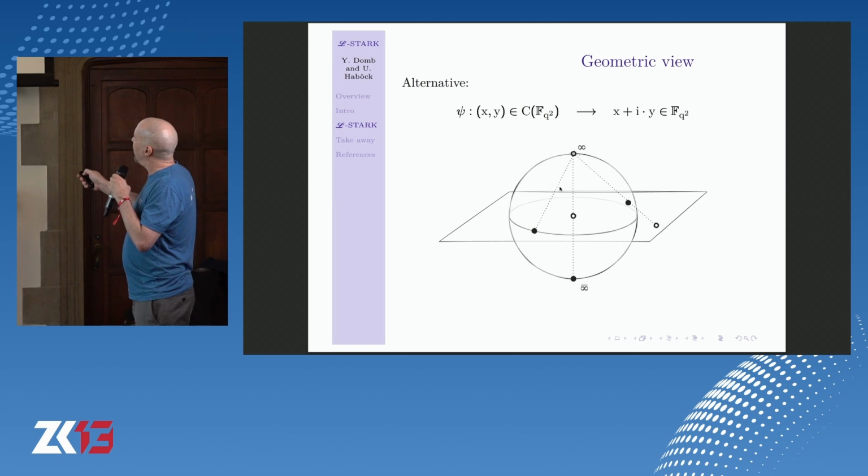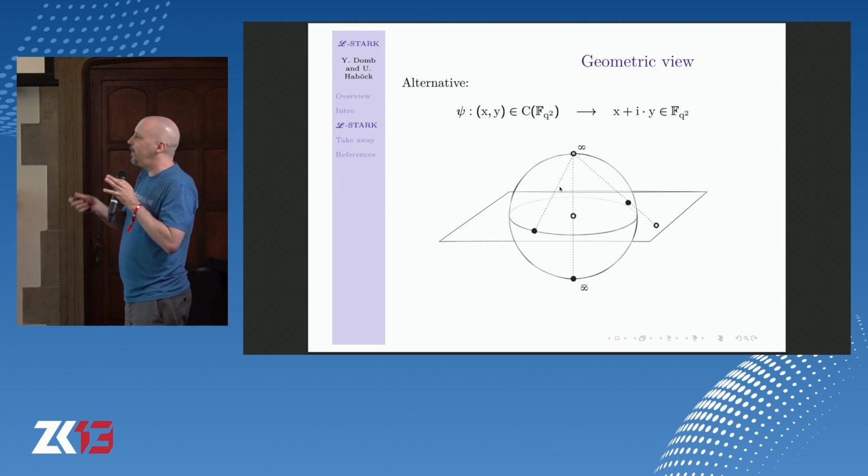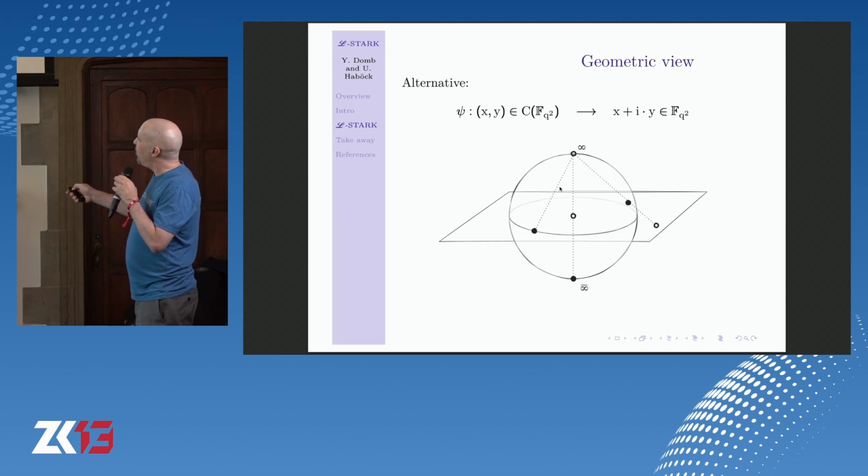And everything that is in the lower half of the sphere is mapped to the inner part of the curve. The other pole is mapped to 0. And the upper half of it is mapped to the outside.